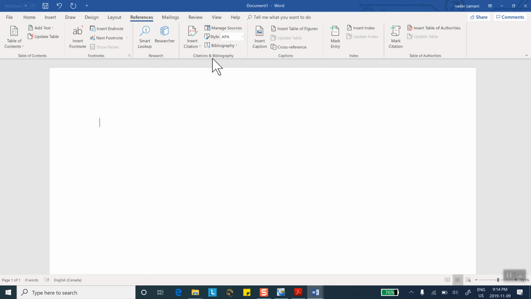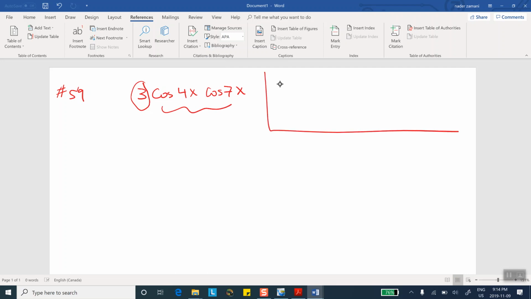Let's see now, number 59. It looks like that. 3 cosine of 4x cosine of 7x. Now don't let this 3 bother you. Just look at your formulas for something like that. Cosine of u, cosine of v.